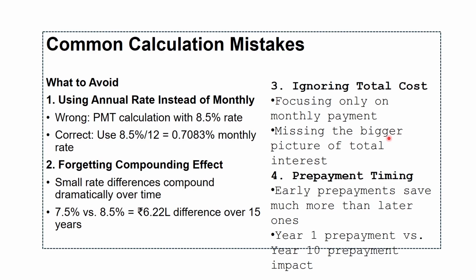Mistake 4, late prepayment saves less than early ones due to lower interest impact. Early prepayment saves much more than the later one. So please remember that year 1 prepayment versus year 10 prepayment impact will be significant.